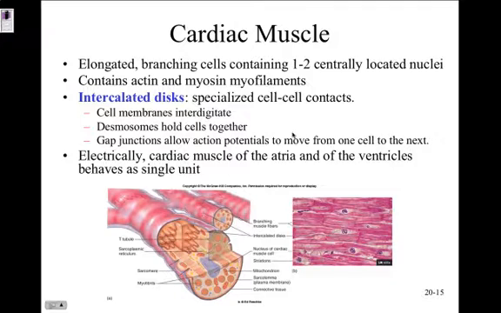That allows the action potentials to move from one cell to another, and they behave as a single unit. So the muscles of the atria all contract together as one single unit. The cells of the ventricles contract as a single unit.